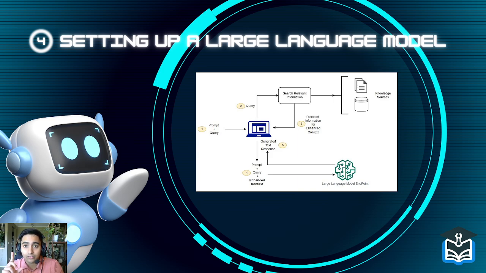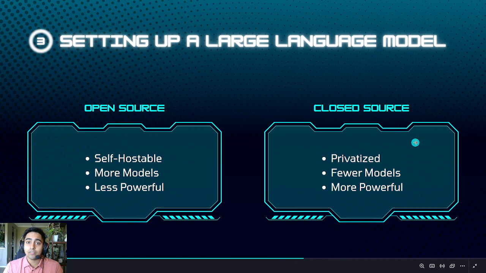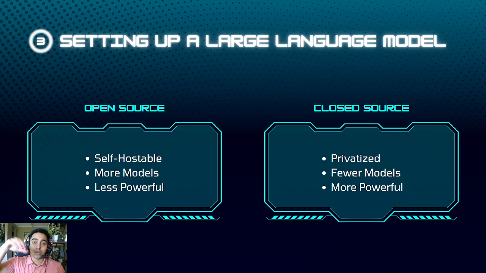However, there is one problem that we need to point out. With these closed source models, at the lower tiers, they're going to train on your data. Especially once you move to enterprise tiers, they won't do this.